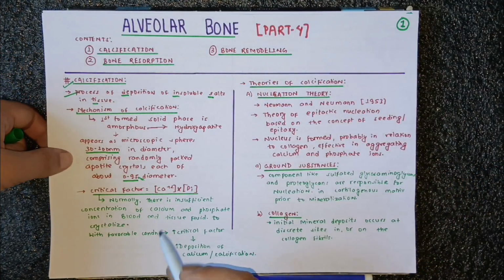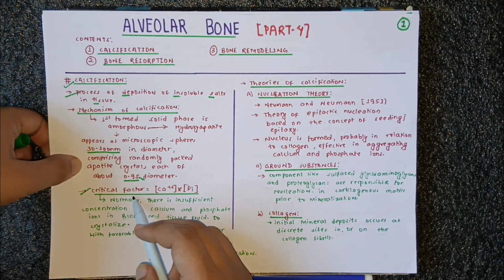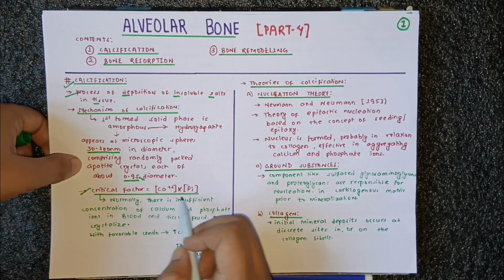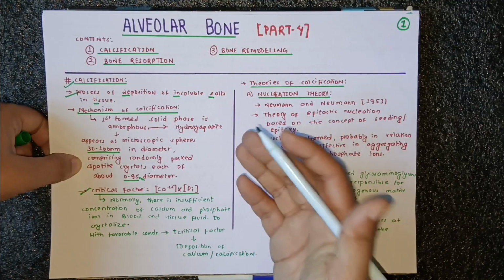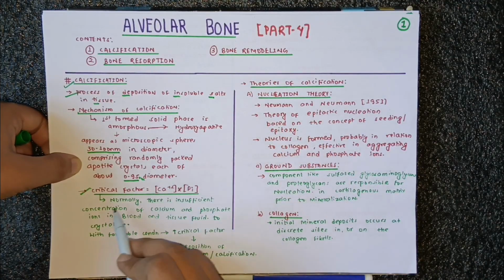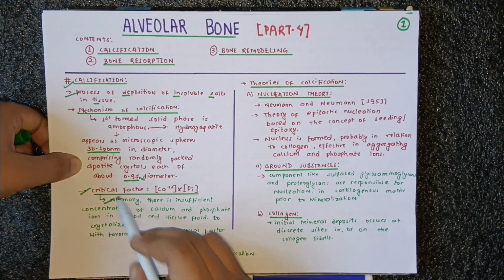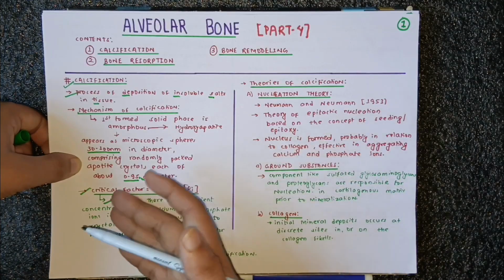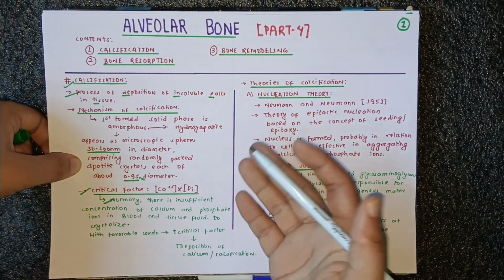Now another important point is the critical factor. The critical factor is the product of calcium and phosphate: inorganic calcium multiplied by inorganic phosphate. Normally there is an insufficient concentration of calcium and phosphate ions in the blood and tissue fluid to crystallize, so in the general state the critical factor is low.